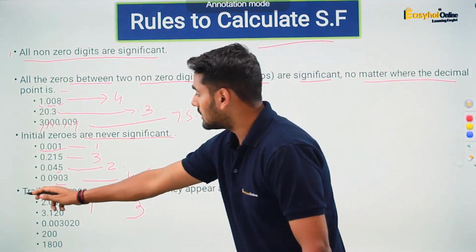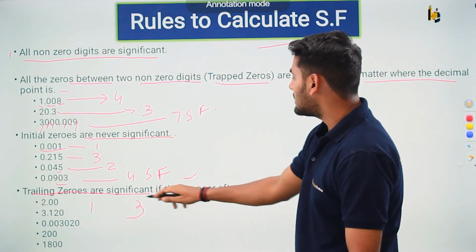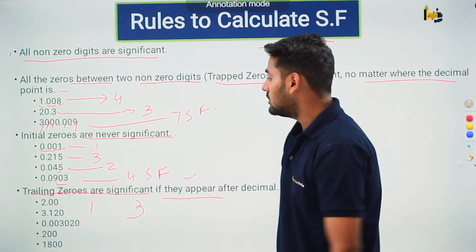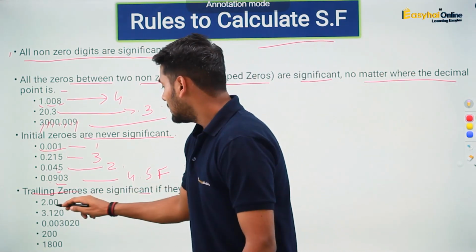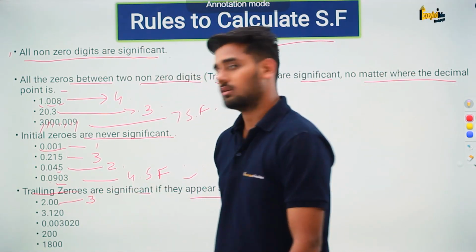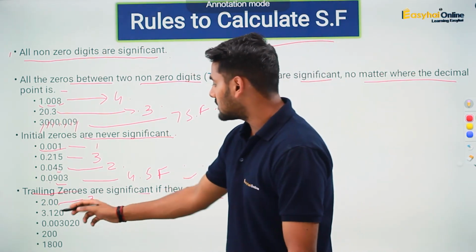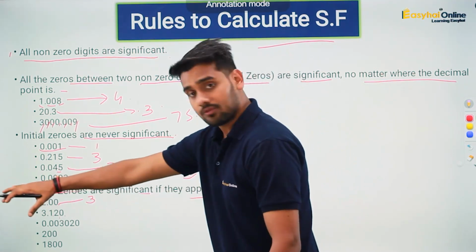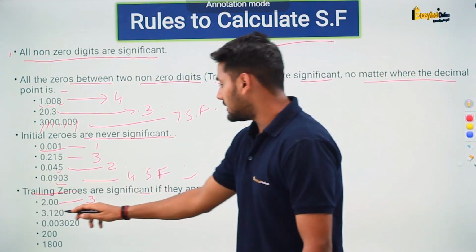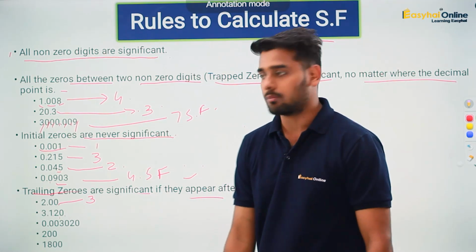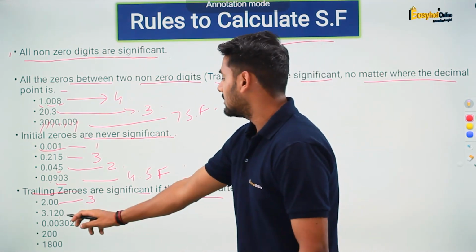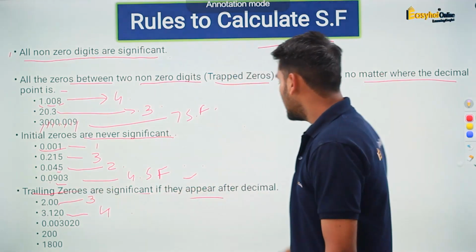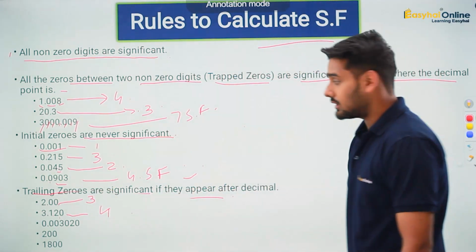By this rule, trailing zeros are significant if they appear after the decimal, so there will be 3 significant figures. Now look at the second one, 3.120. If this rule was not there, we would have said this is 3 significant figures, but because of this, we'll say there are 4 significant figures, right? The trailing zeros after the decimal are significant.